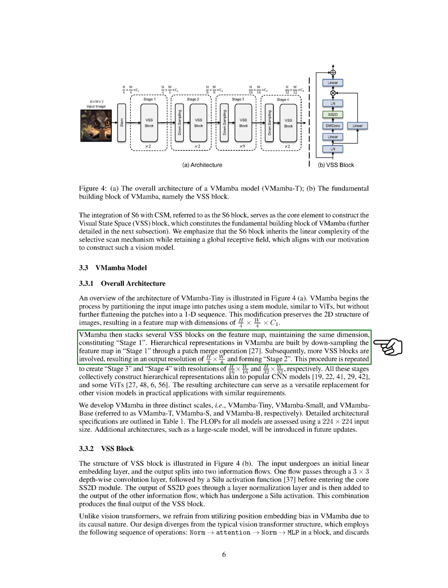Hierarchical representations in VMamba are built by down-sampling the feature map through a patch merge operation. This procedure is repeated to create different stages with varying resolutions. All these stages collectively construct hierarchical representations similar to popular CNN models and some vision transformers. The resulting architecture can serve as a versatile replacement for other vision models in practical applications.